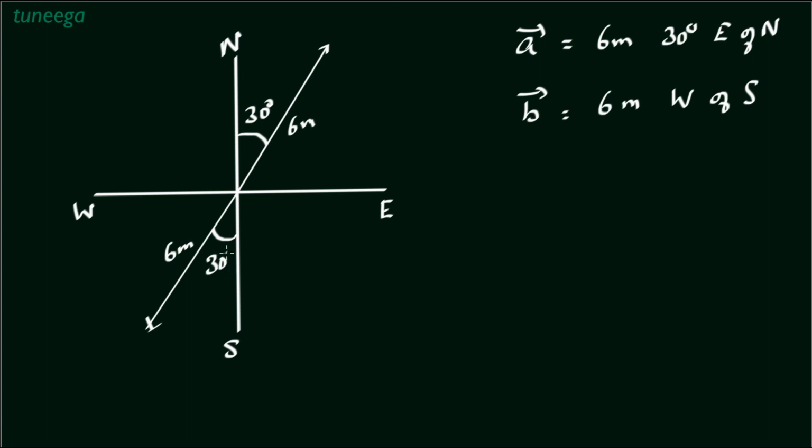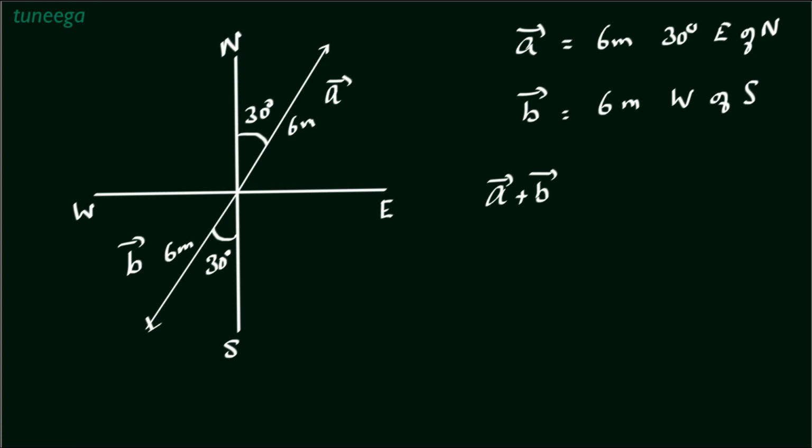So this is 30 degrees. Now if you look at this drawing, you can see that vector A and vector B point in exactly opposite directions. They have the same magnitude. The question is, what is A plus B?